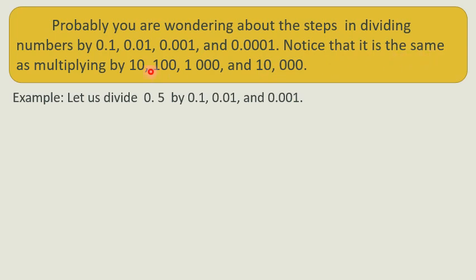Tandaan natin, pag nag-multiply tayo ng 10, 100, hanggang 10,000, dinadagdagan lang natin kung ilang zero to. Halimbawa, pag nag-multiply tayo sa 10, dagdag lang tayo ng isang zero. Pag nag-multiply tayo sa 100, dagdag lang tayo ng dalawang zero. Or, kung decimal siya, adjust lang natin ng isa kasi isang zero to.